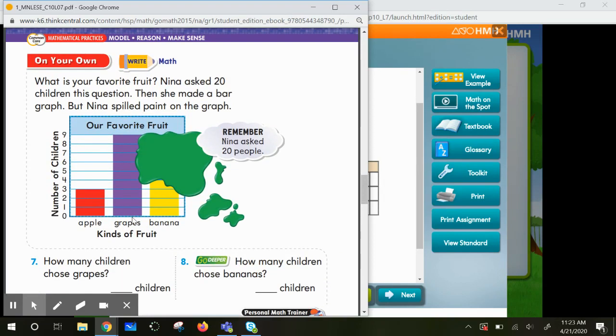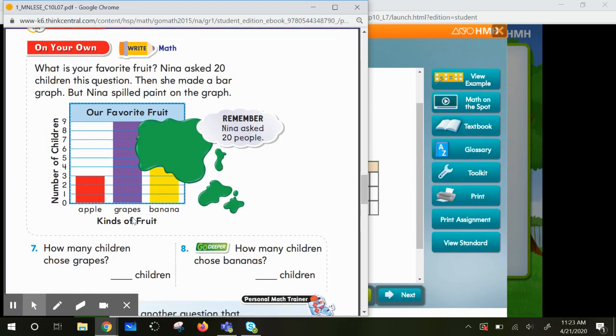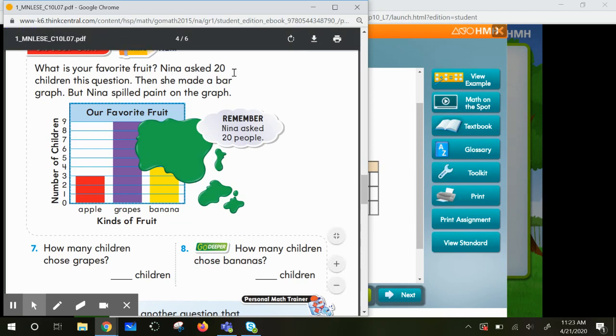This says, what is your favorite fruit? Nina asked 20 children this question. Then she made a bar graph, but Nina spilled paint on the graph. Remember, Nina asked 20 people. So how many children chose grapes? Go to the top line, go all the way over, and write your answer.